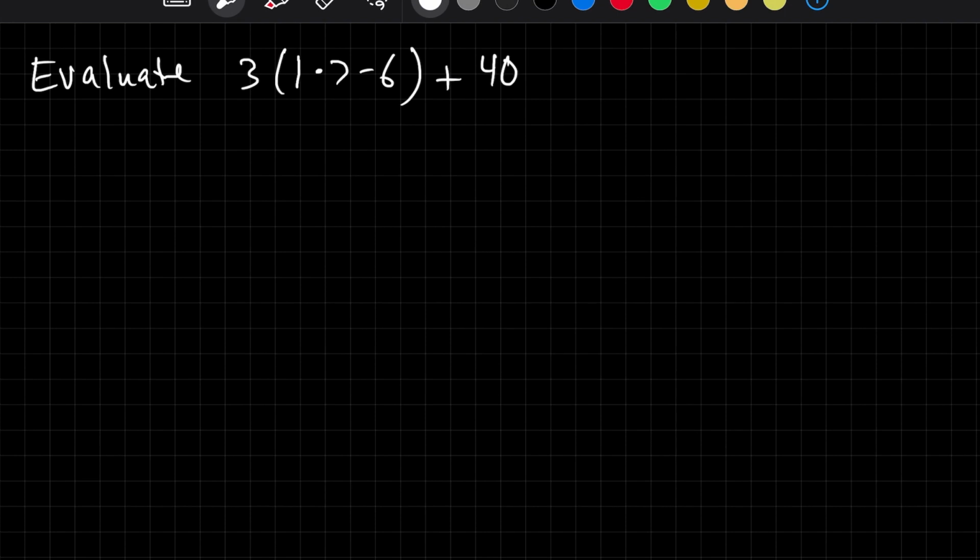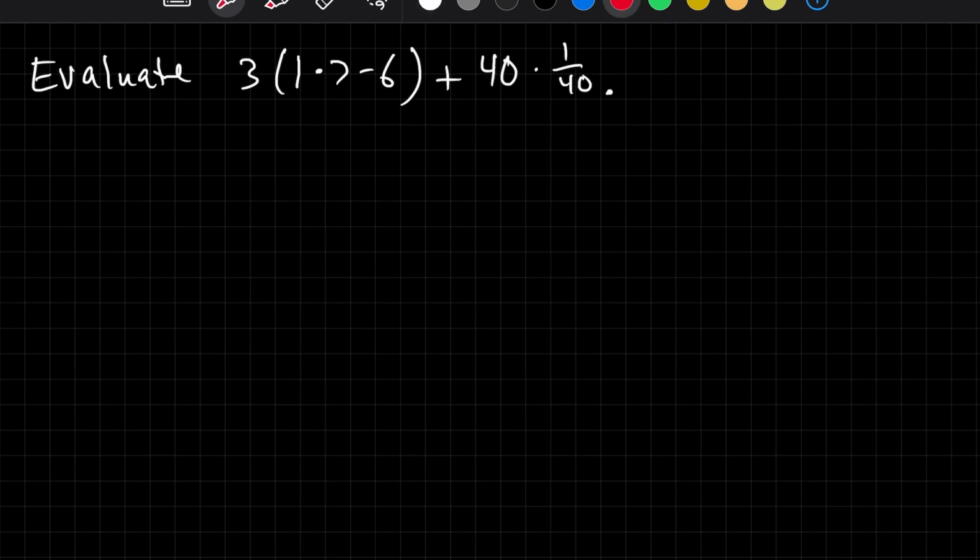Okay, let's do a little example using these, and I want you to name each property for each step that we solve. So we want to evaluate 3 times 1 times 7 minus 6 plus 40 times 1 over 40.